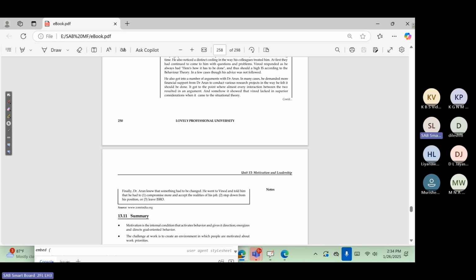Likewise, you can evaluate the styles of leadership to see whether they are effective. Vinod is good in the technical tasks, the education, but poor in admin matters. He is not a good administrator.